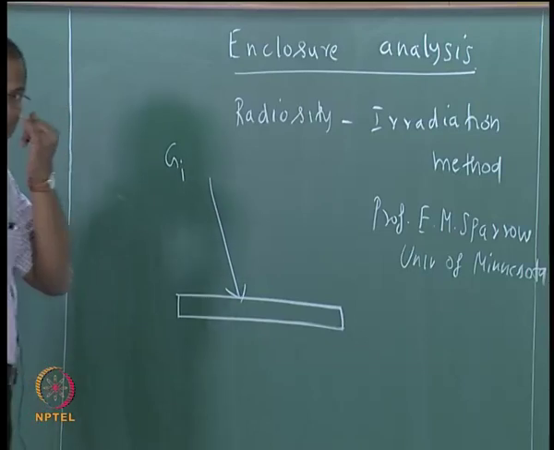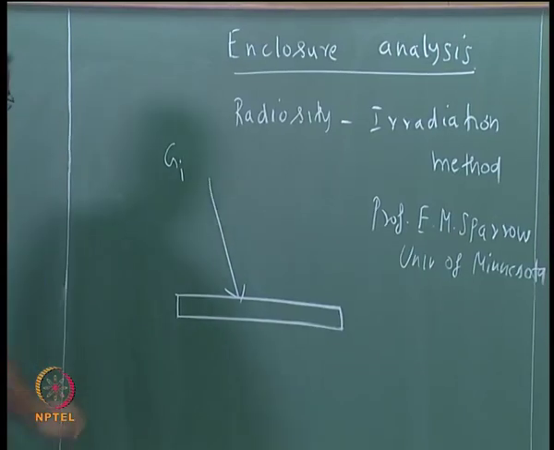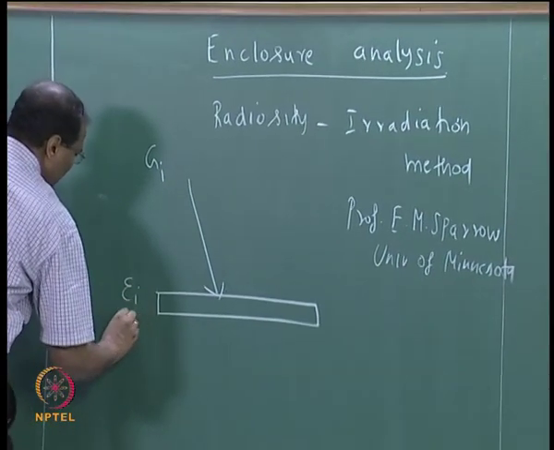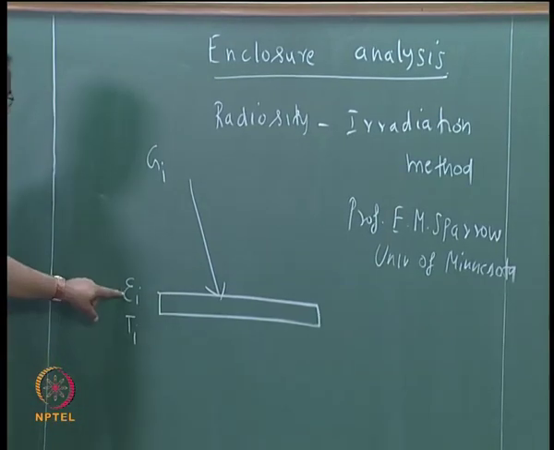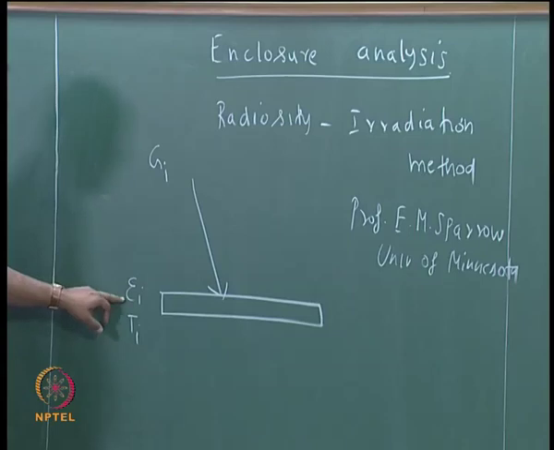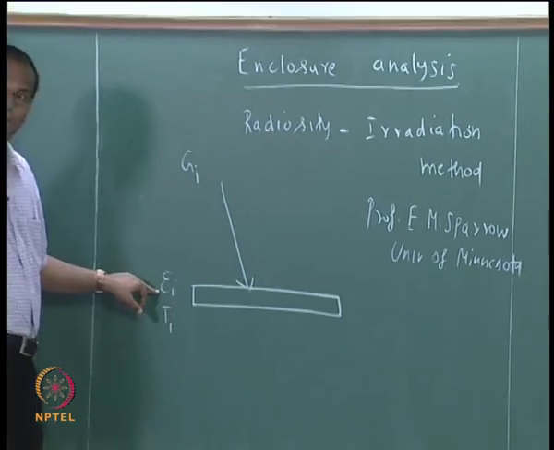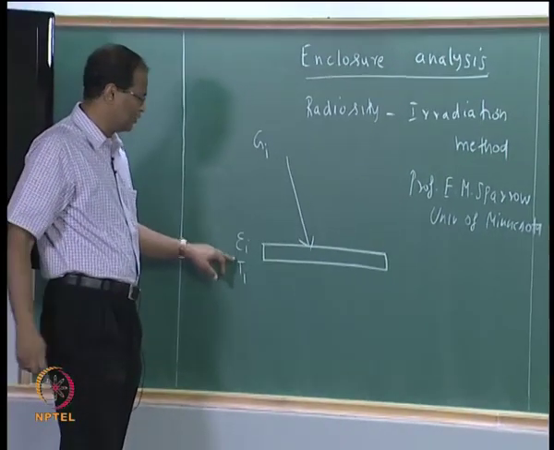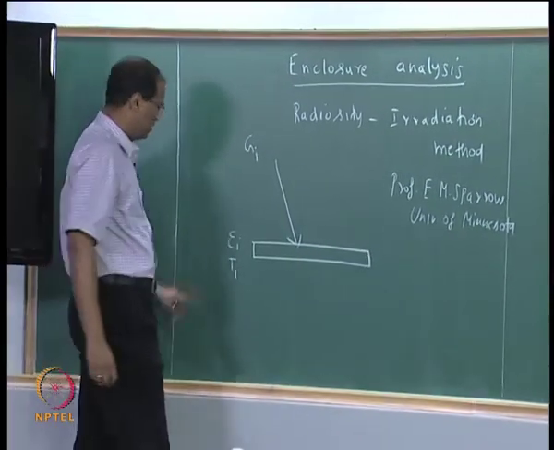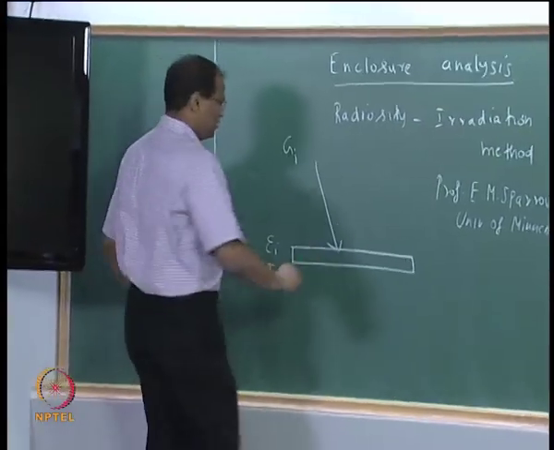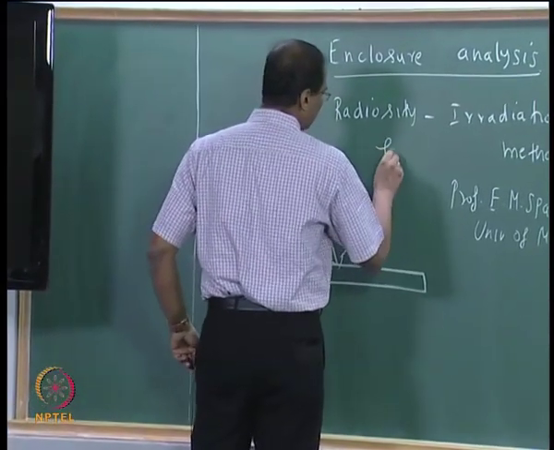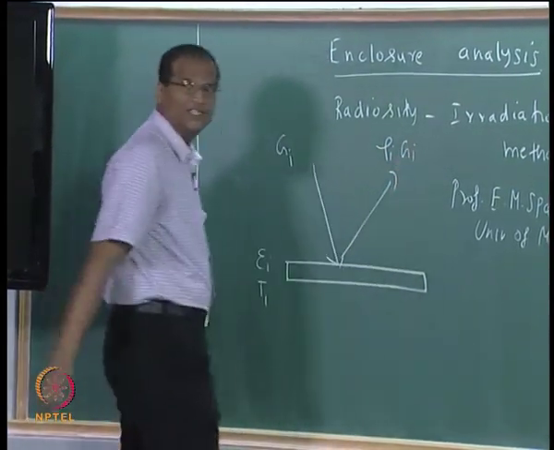There is an irradiation Gi falling on a surface. This surface has an emissivity. Be more specific: it is a hemispherical total emissivity. This is the temperature of the plate. Now out of this Gi, a certain portion is reflected, that is rho i Gi.